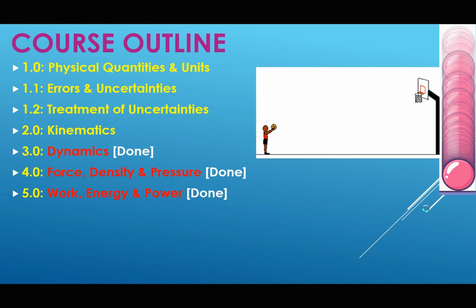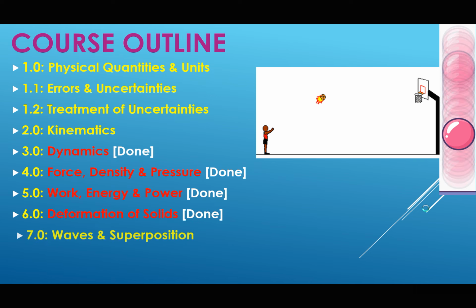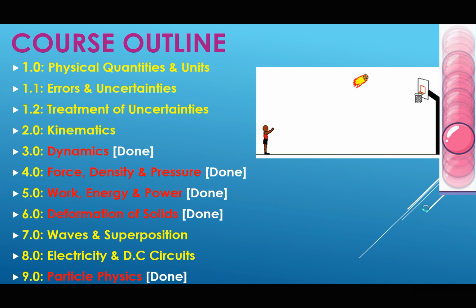We have done work, energy, and power. We have done deformation of solids. We shall do waves and superposition. We shall do electricity, but we have already done particle physics. These are the topics we expect to cover in AS Physics, and once you master all these topics, then you are good enough to go. Currently, we are dealing with kinematics, and in lesson 4, I expect that we shall be dealing with the projectiles.